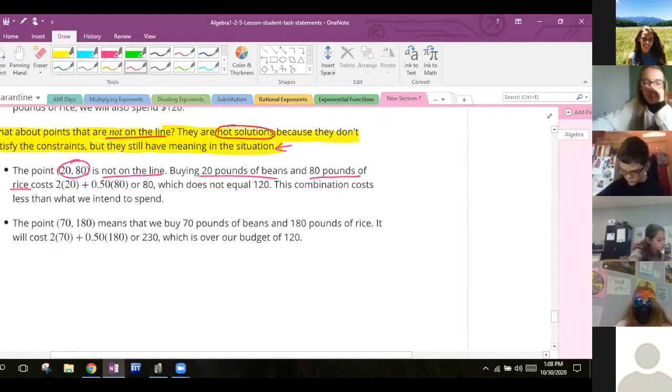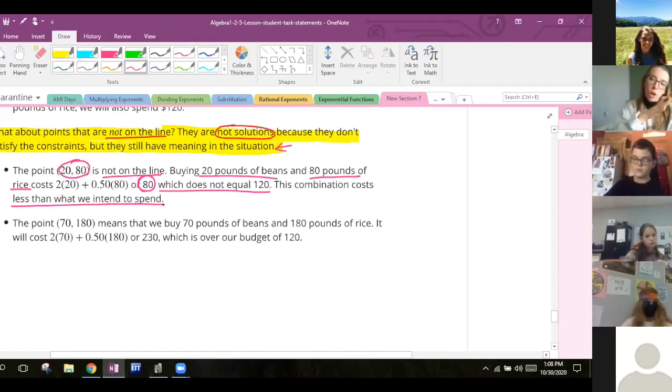But when we substitute it into our equation, it's going to equal $80, which we know does not equal that $120 constraint. But because it was below the line, it represents a cost that is less than what we intend to spend. Okay, so that cost was less than 120, so it's below the line.